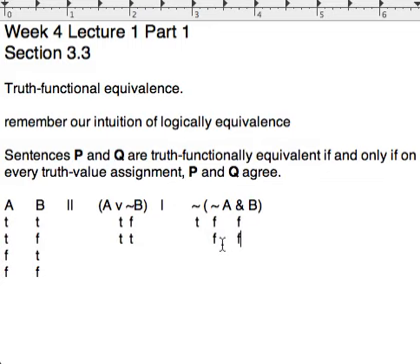Because both conjuncts have to be true, but here we have a conjunct that is false. And that means that the negation out here looks at the next main connective, and it's false. So it reverses that and then assigns true. And so again, here these sentences agree on this truth value assignment.